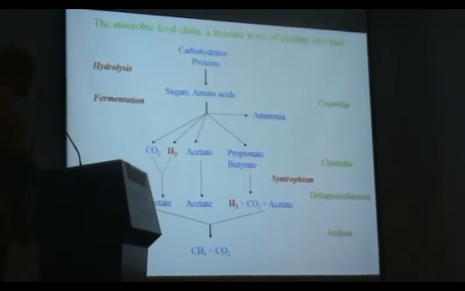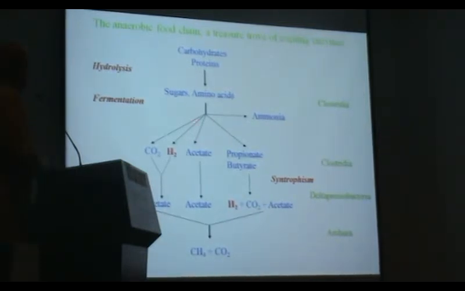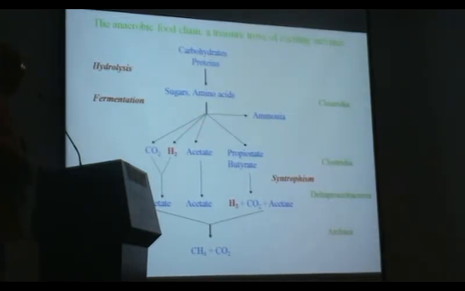So the hydrogen concentration must be kept extremely low. But we are mainly concerned with this fermentative part. I have to mention these bacteria live in our intestine, in sewage plants, in anaerobic sediments, and in all anaerobic niches.